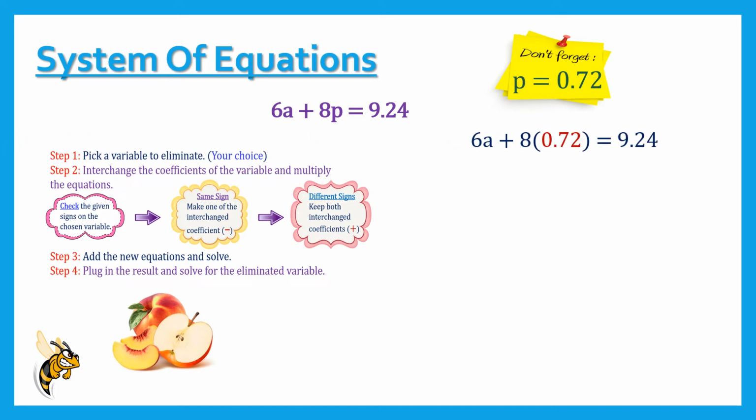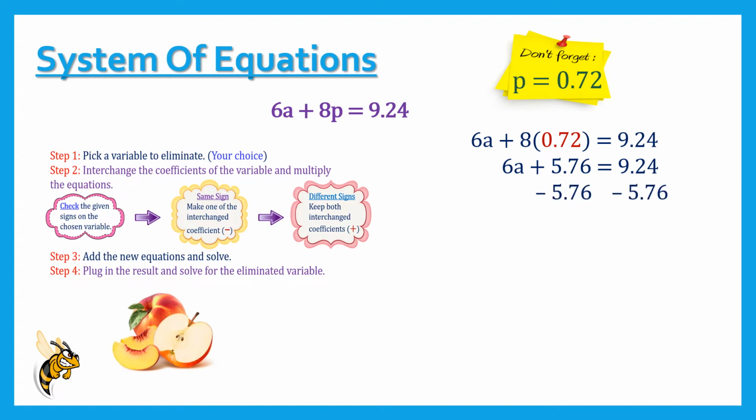So we have 6A plus 8 times 0.72 equals 9.24. So 6A plus 5.76 equals 9.24.